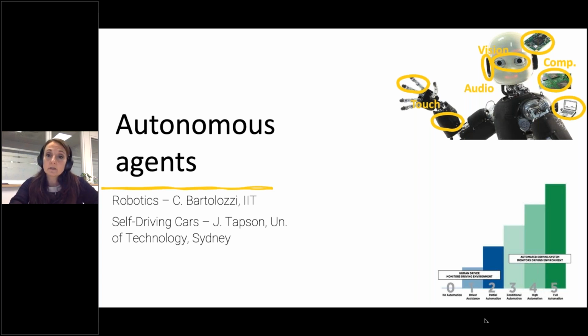Neuromorphic engineering and computation is a promising approach to self-driving cars as to any system where it's really required to have human capabilities.